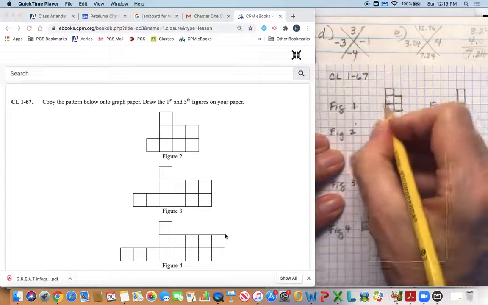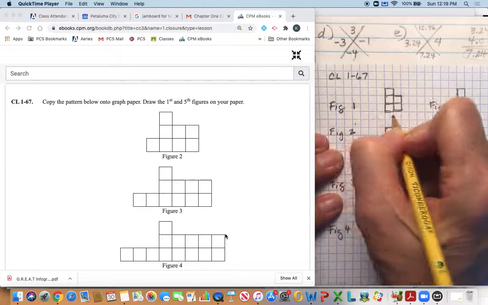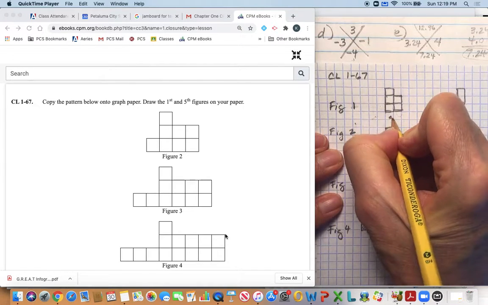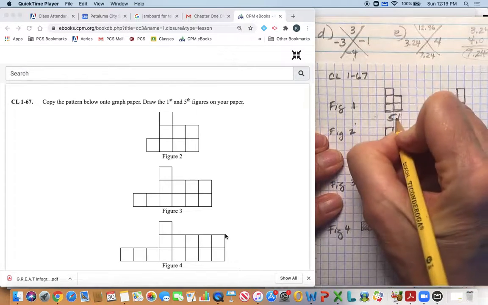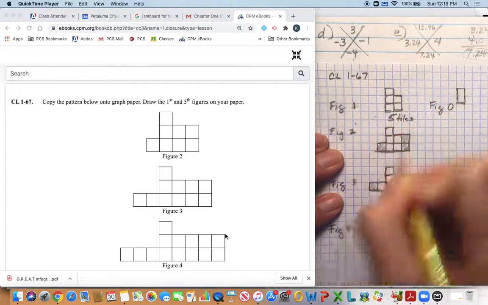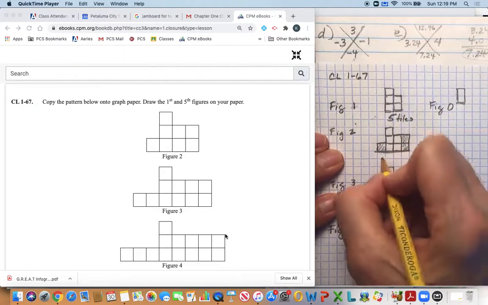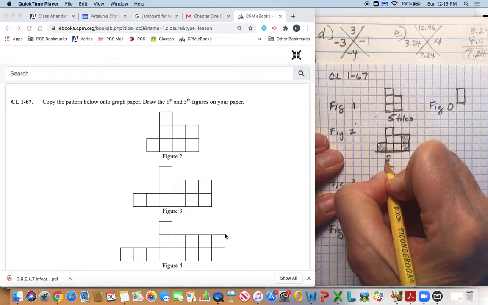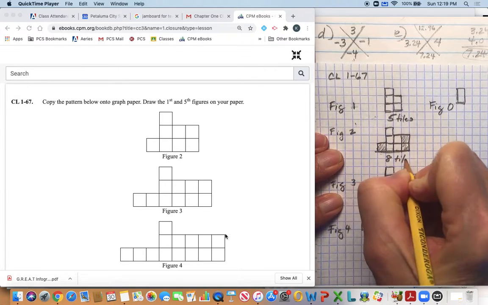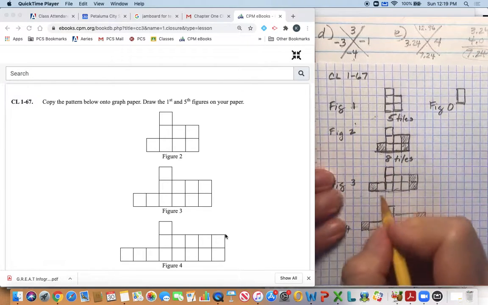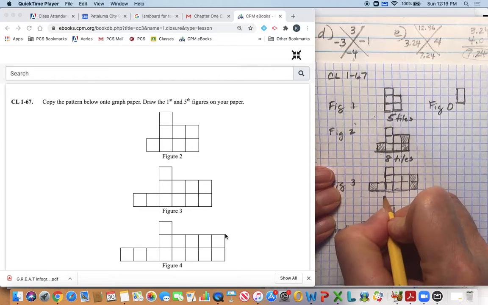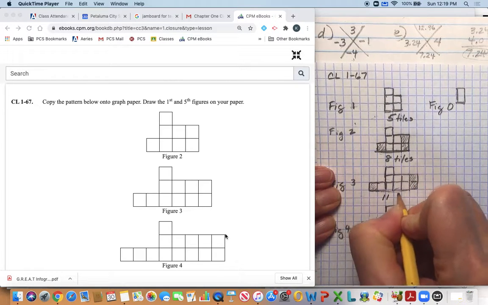So for figure 0, I'm just going to end up with 2. If I have 5 here, I'm going to write 5 underneath because I know I had 5 tiles. And I added 3 here, so I have 8 tiles total. And here 3 more, so 8 plus 3 is 11 tiles.